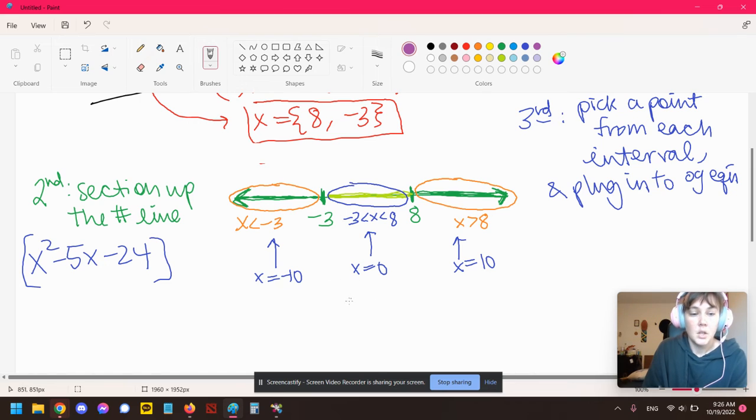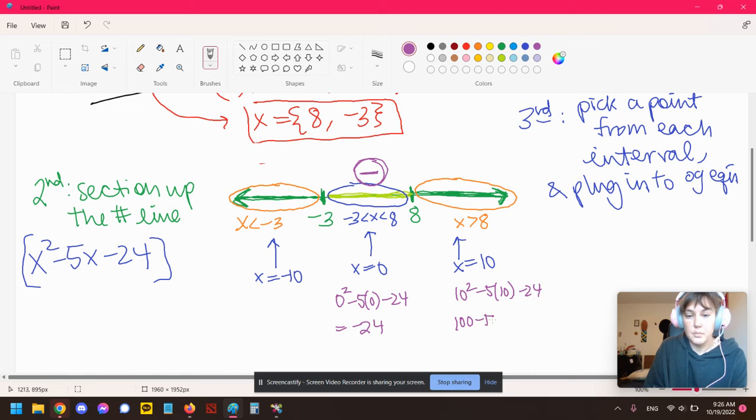It doesn't actually matter. If I plug in 0, I get 0 squared minus 5 times 0 minus 24. And now that I change this to a minus, everything in this blue middle section will give me a negative number. So I'll write a negative up here. If I plug in a 10, I get 10 squared minus 5 times 10 minus 24. That is 100 minus 50 minus 24, which is 26.